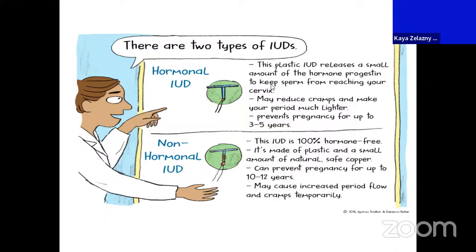Because it's so local, you can really keep that level stable. It does some other local effects as well. This works for, they've actually increased it, I think, up to 7 for some of them, but 3 to 7 years. The non-hormonal IUD is made of copper.